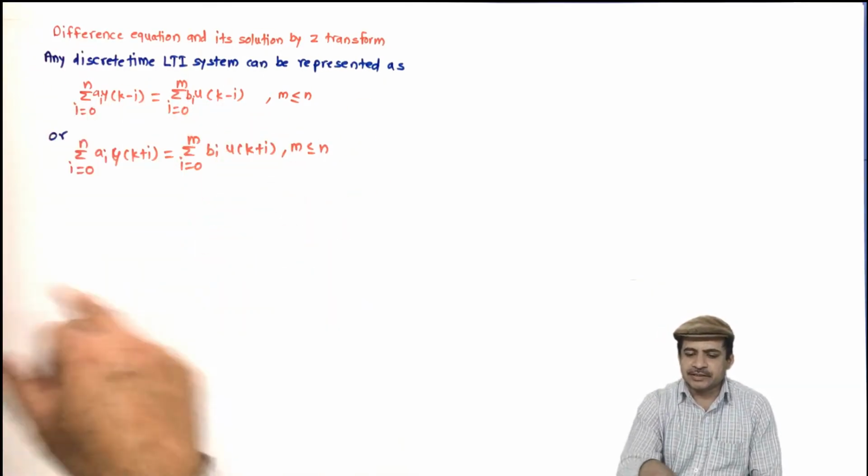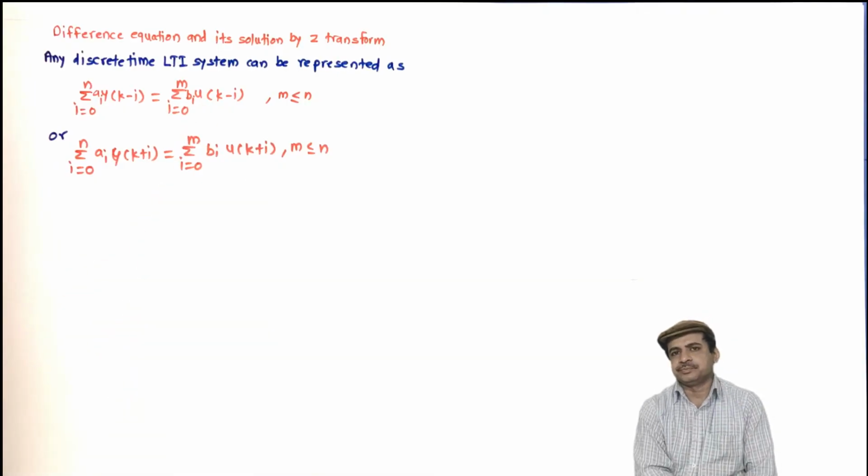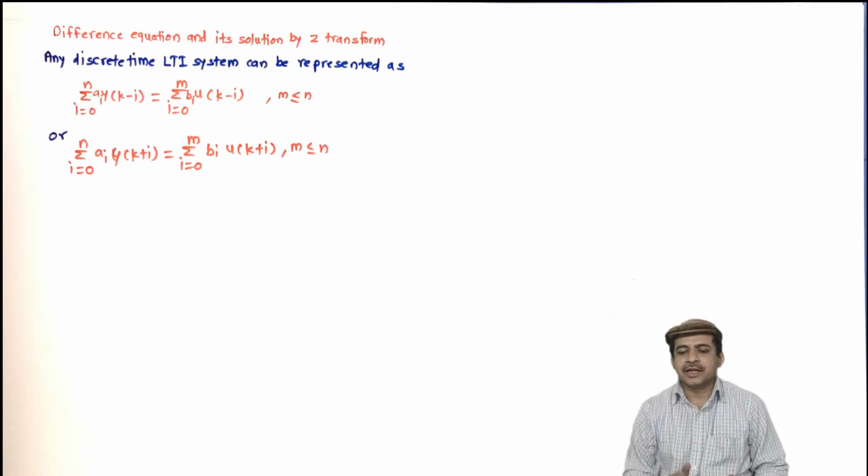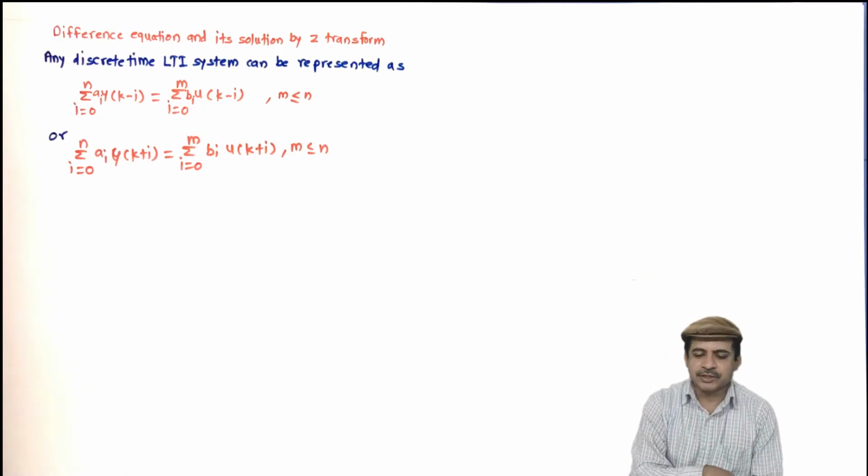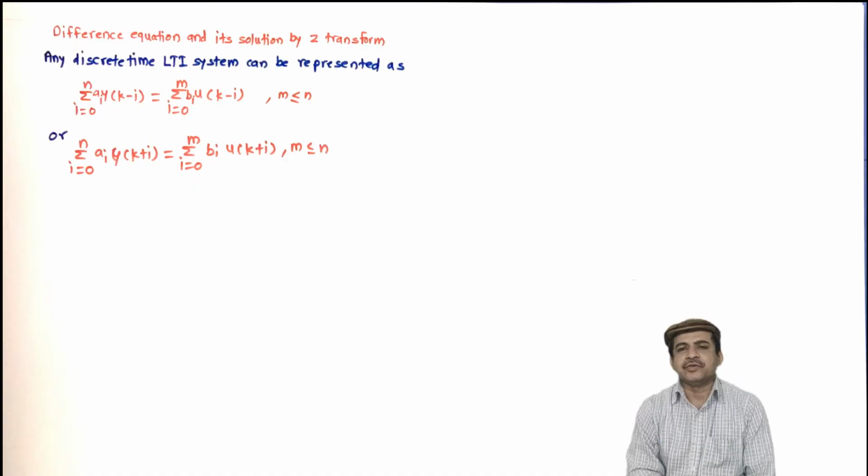Now in this case u is known and our interest is in finding out y for the applied u. So how to do it? The solution of this difference equation is y of k, which is the system output. What we want to find is the solution of the difference equation using Z transform.